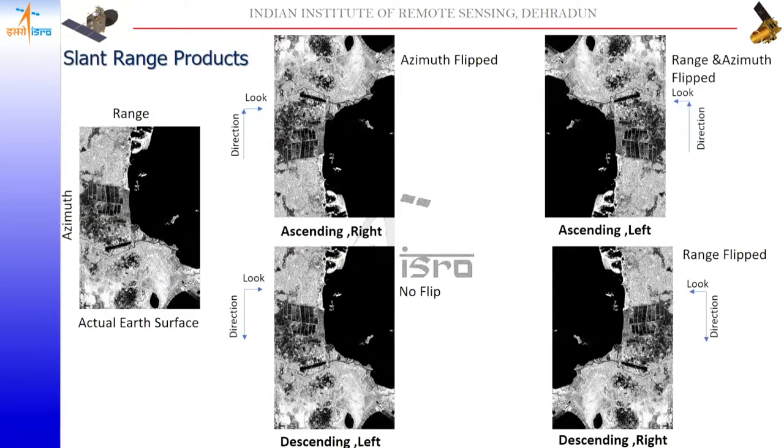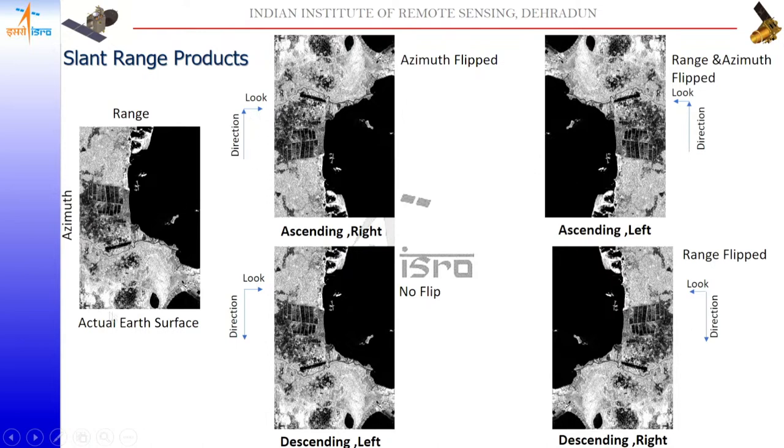So in the slant range product, we can have some flipping in the features. If this is the actual earth surface image, and this is the range direction and this is the azimuth direction. If it is ascending right, the sensor is moving in this direction, ascending, and looking right.